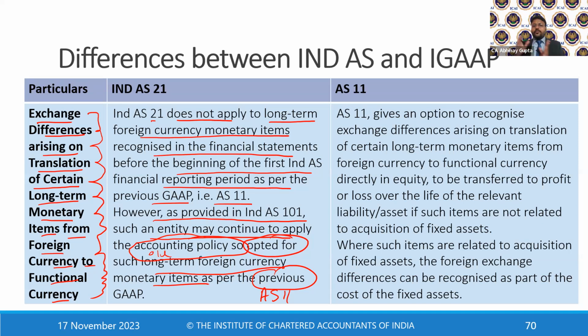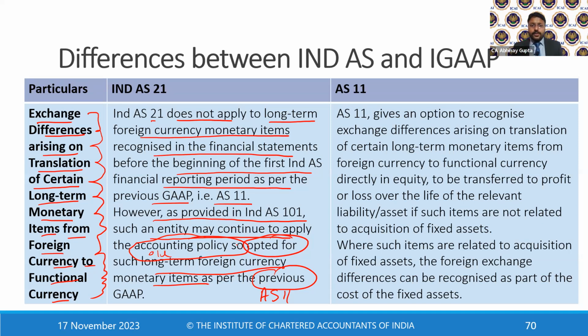Then that accounting policy of IGAAP will continue in the Ind AS financial statements only for those items which were there on the transition date. But if similar monetary items come up or are recognized because of transactions happening after the transition date, then this exemption will not apply and Ind AS 21 accounting policy will apply, right?